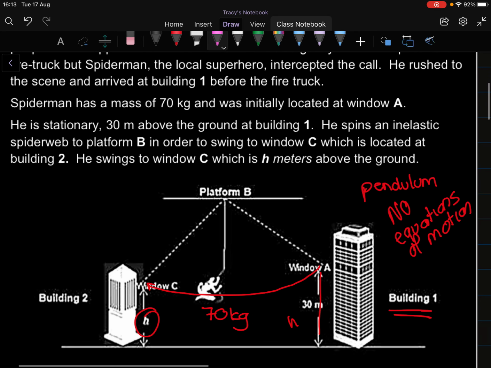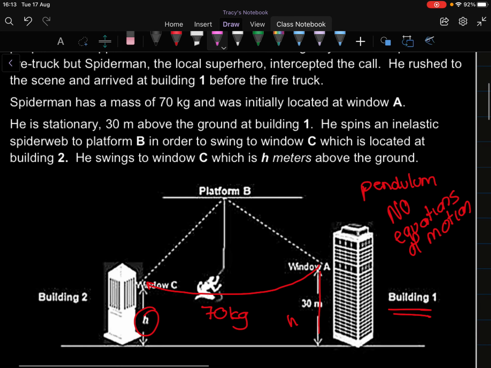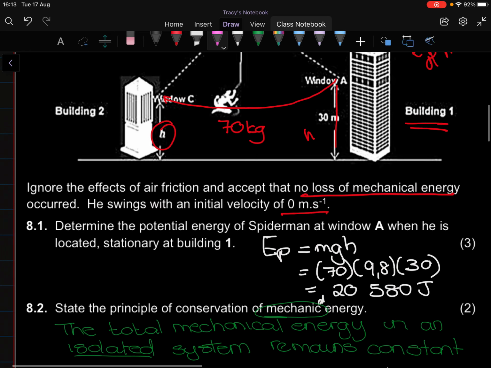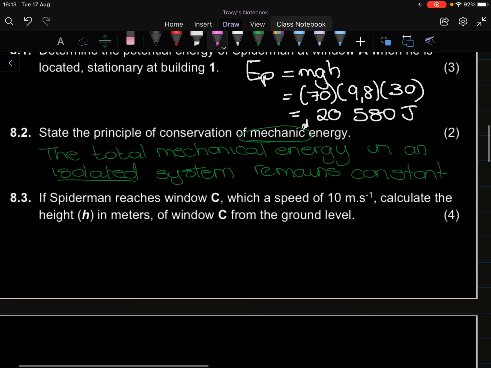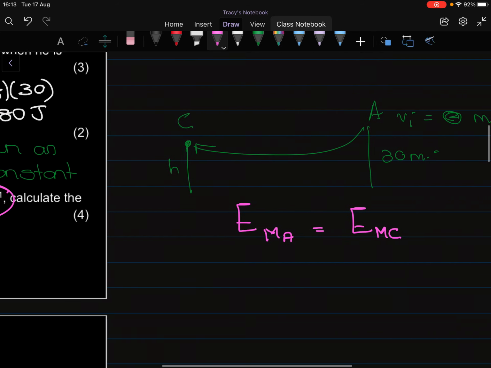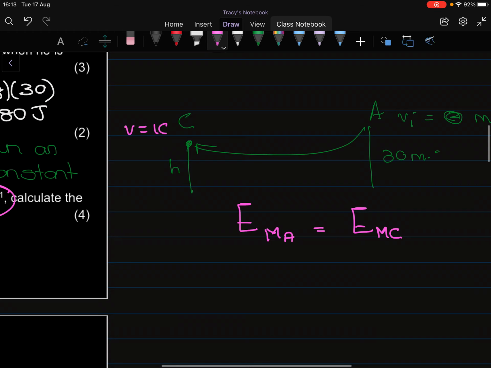They actually don't. When he gets to C, they do tell you. I've just lost it somewhere. There we go. See, it's important to read, and this is why I like to write all over things, so I don't lose information. When he gets to C, his velocity is 10.